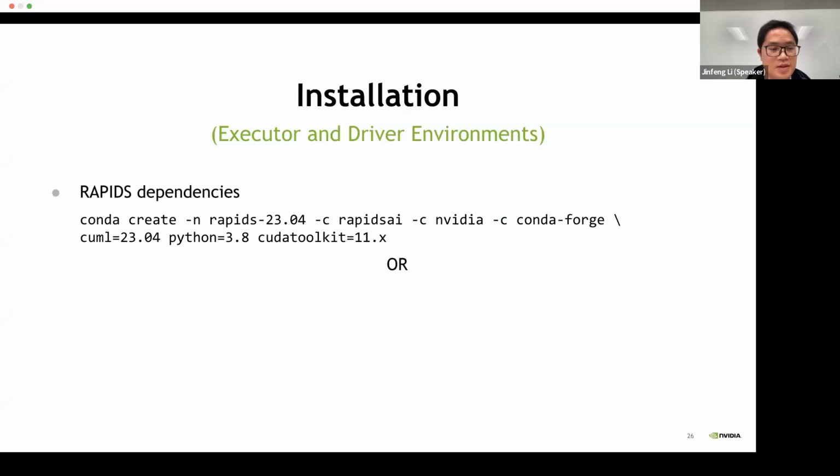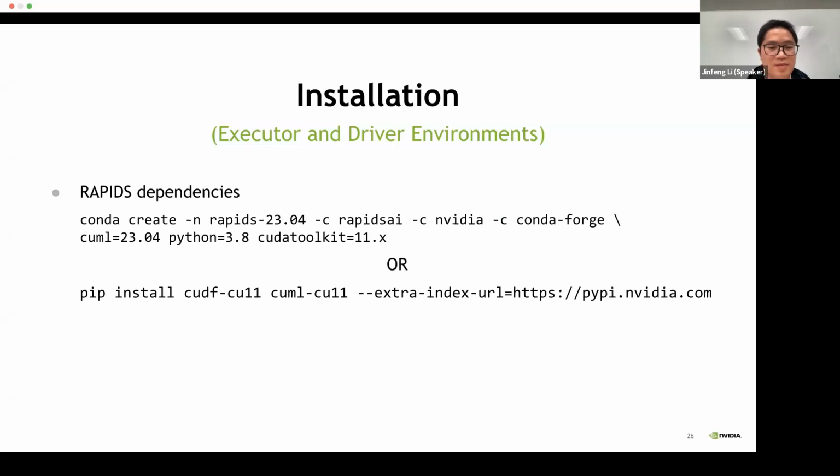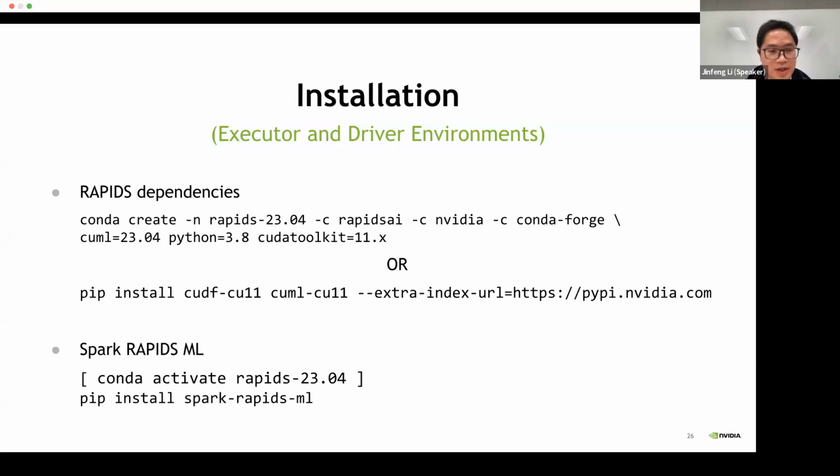The user can use conda install in one command line, or pip install also in one command line. After the RAPIDS dependency is installed, the user can install Spark RAPIDS ML using the pip install command. Remember to activate your conda environment if you adopt conda when installing the RAPIDS dependency.